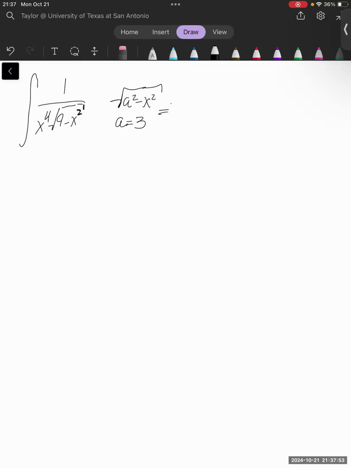So in this case, x equals 3 sine theta. So similar to the last example, I'm going to go ahead and substitute this in. We're going to have dx here, so my dx term, we're going to solve for that, is 3 cosine theta.